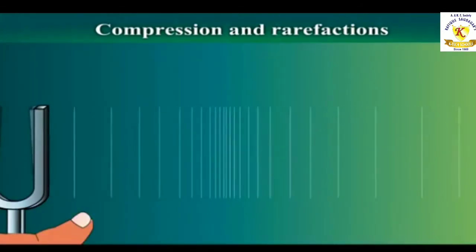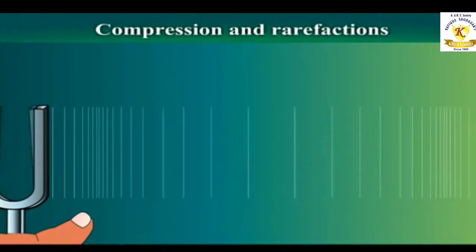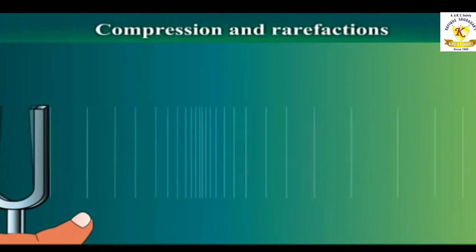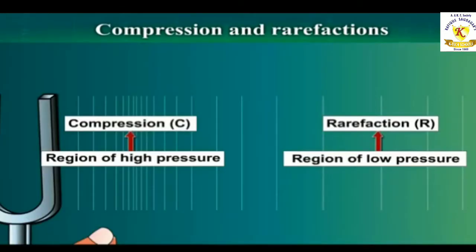This makes the sound waves that propagate through the medium. Compression is the region of high pressure and rarefaction is the region of low pressure. Are you getting me, children? Good. Let's see the next.